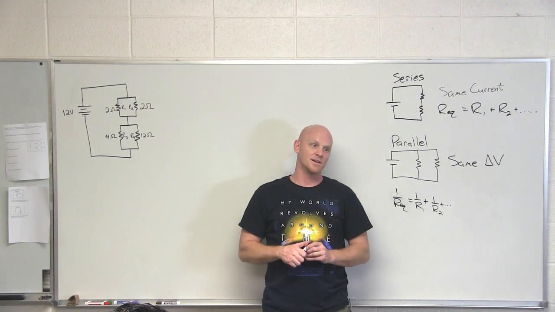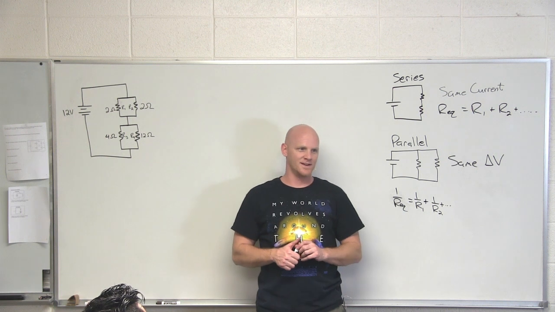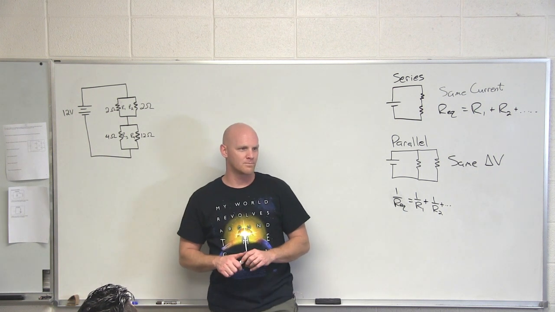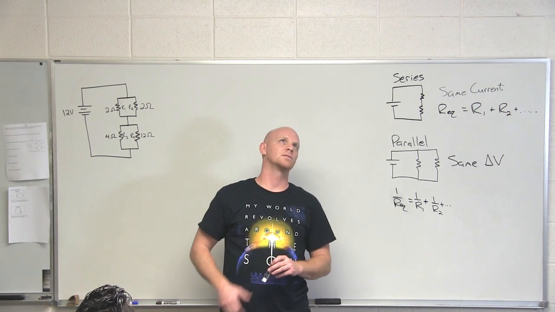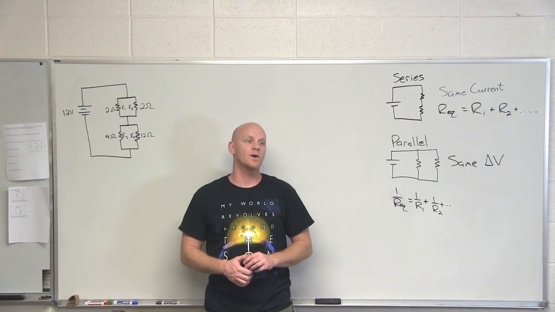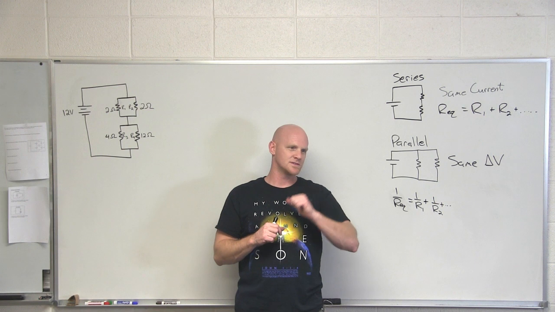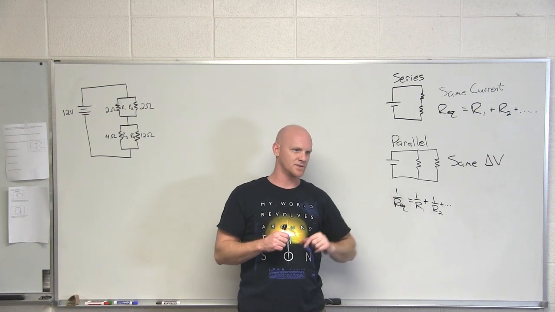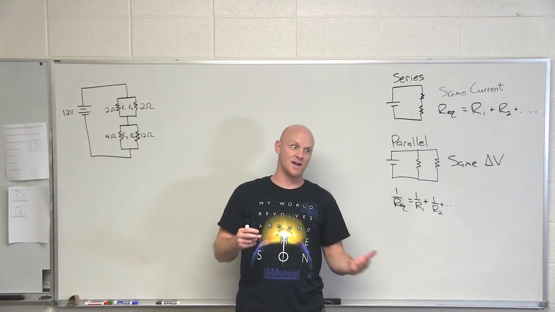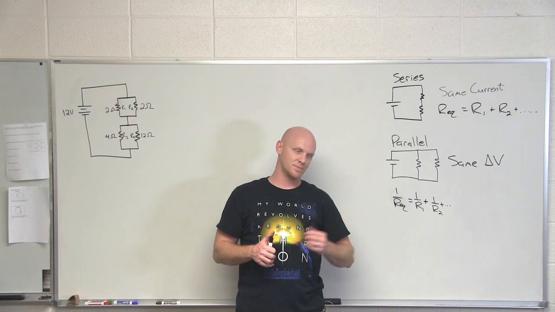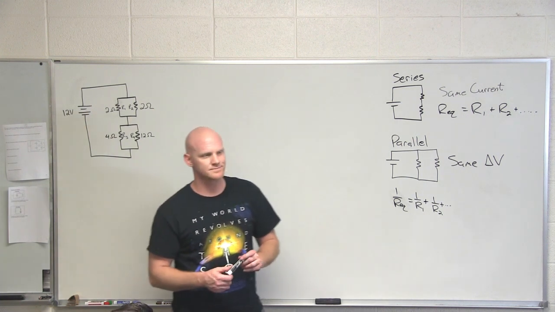But in parallel, it doesn't work that way with batteries. It's more current if they're in parallel. You get a greater potential difference if you put them in series. And notice, how does current relate to potential? Directly. So you actually get a greater current if you have a greater potential, which is when they're in series.